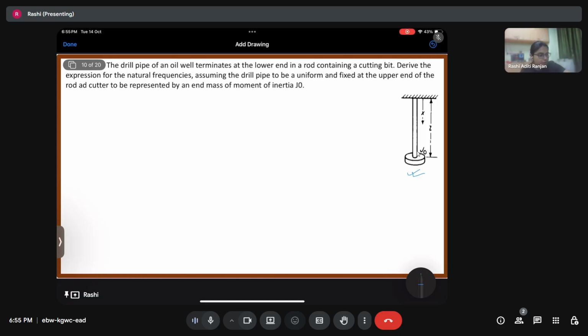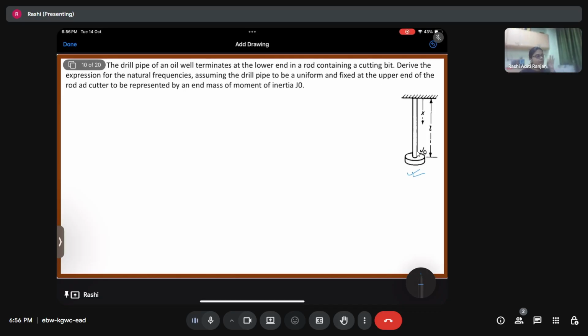So firstly, talking about how the system is going to be, right? See again, as we did in the question where we had a mass which was suspended at the end of the bar, there was the contribution of the inertia force, correct? Now over here also we have the inertia of the cutter which we need to consider in order to find out how the system is behaving.